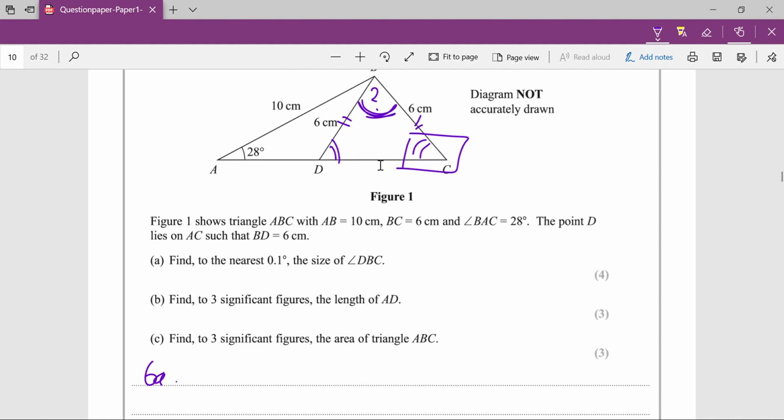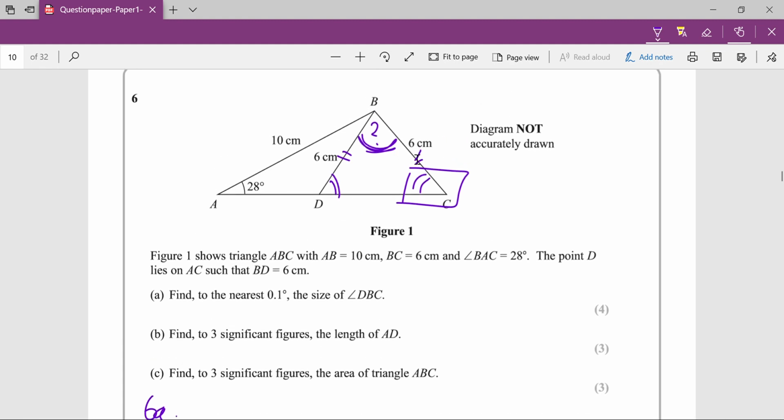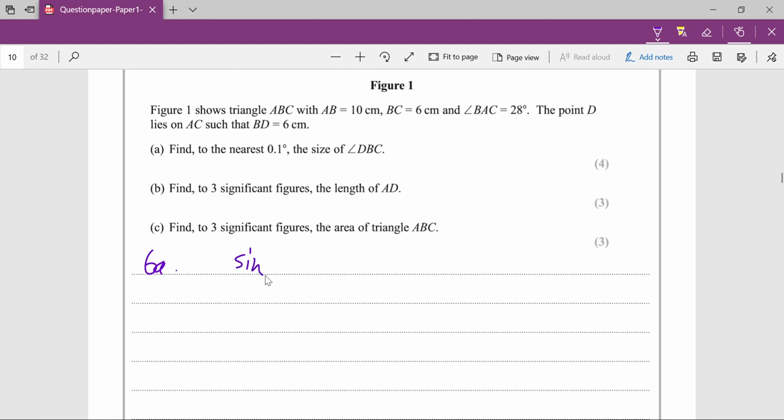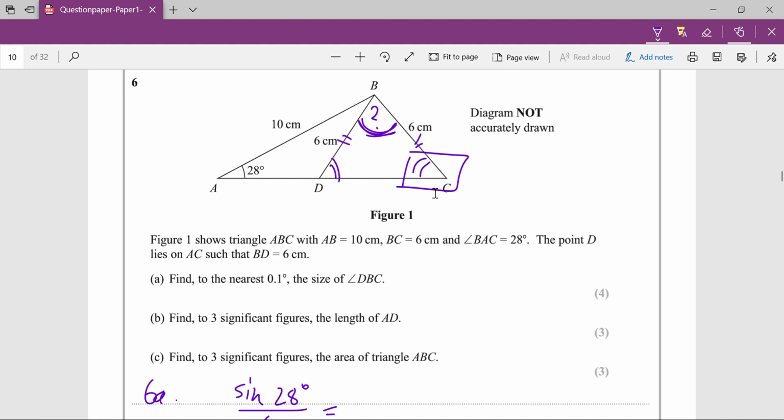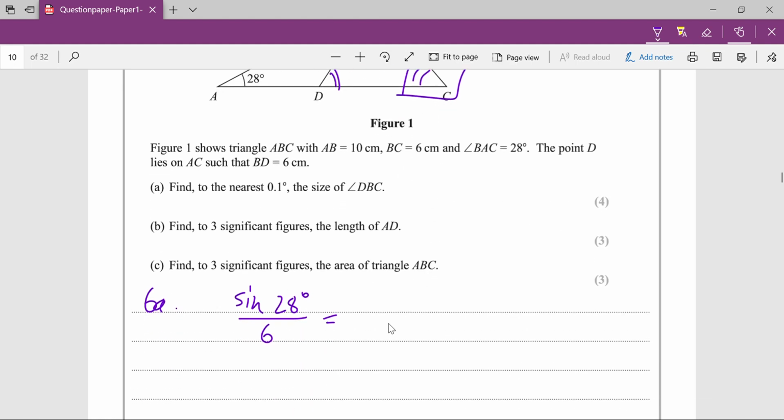Using the sine rule, we would know that sine 28 over 6 equals sine angle BCD over 10.